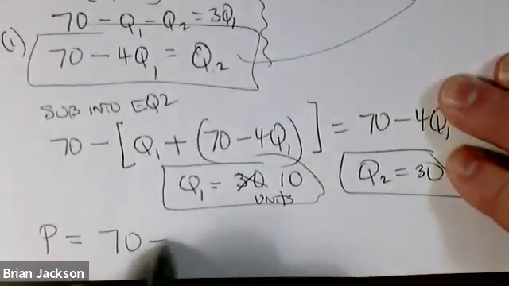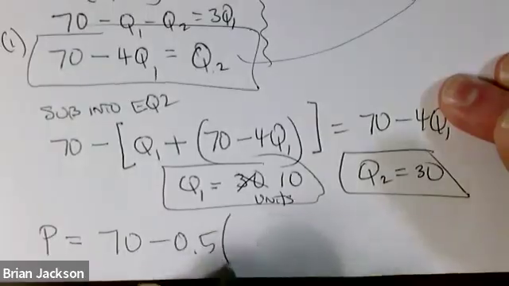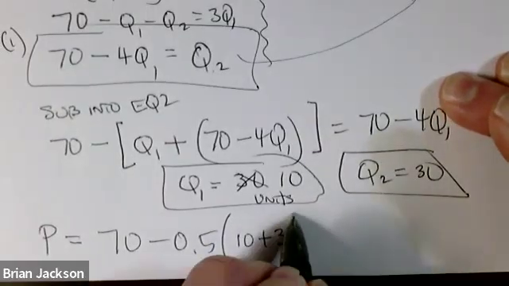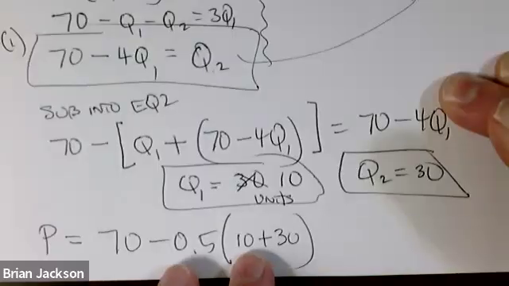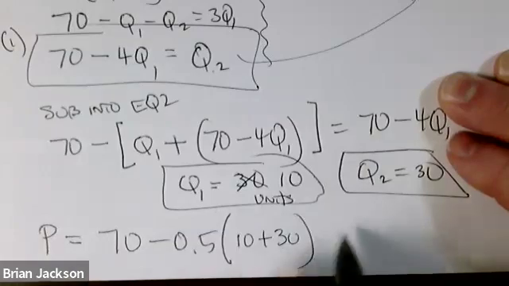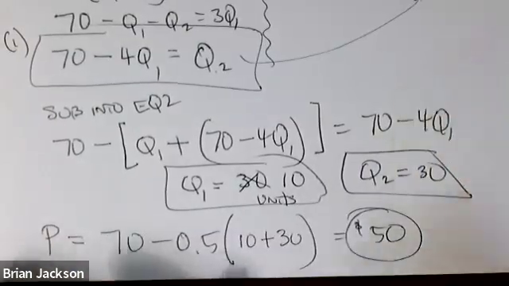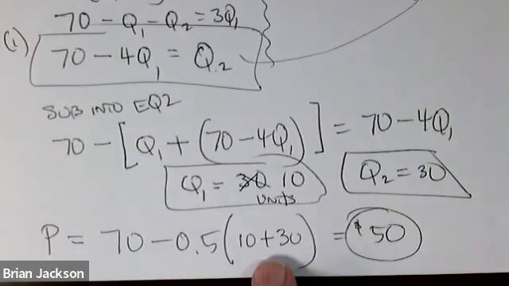Now Q is 10 plus 30, which is 40, and half of 40 is 20, and 70 minus 20 is 50. So they're going to charge $50 a chair, okay? $50 a chair. They're going to sell then 40 chairs, 10 of which comes from the first plant, and 30 comes from the second.